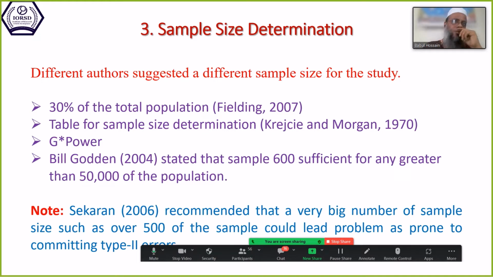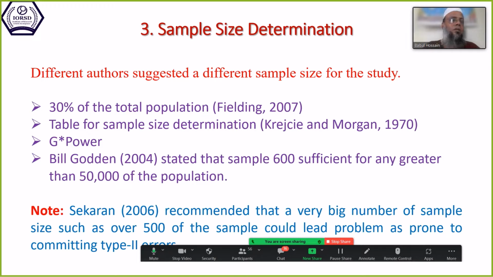Type 2 error means, suppose somebody says Narendra Modi is a very good administrator. Out of 100 people, 20 say no, he is not a good administrator, but 80% say he is a very good administrator. Within 100, 20% is negligible. Suppose you have collected 20,000 data. In that case, 20% is huge in number.